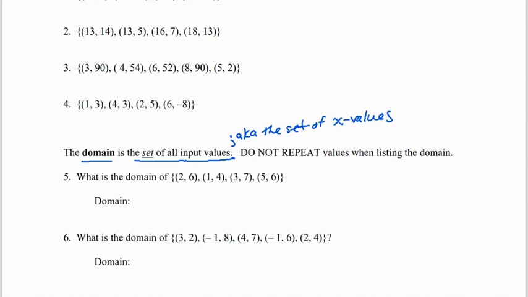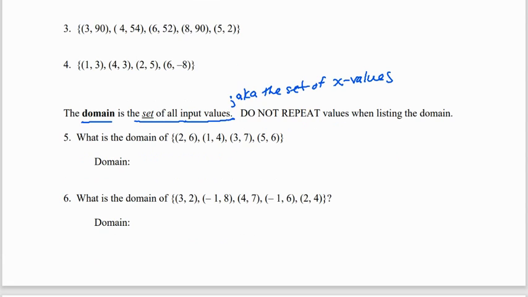Jot that down if you're writing things. I'm going to have you do one more vocab word before we go back to each problem. So domain is the set of all input values, aka the set of x values. Does everyone have that?